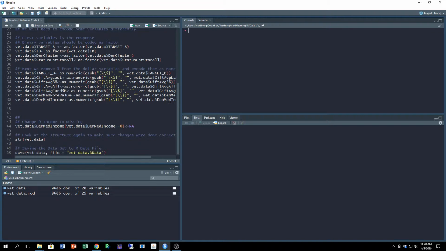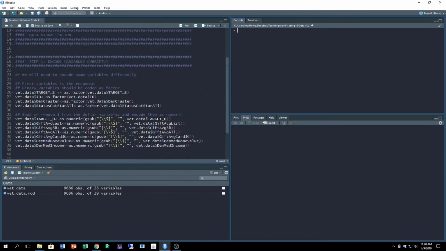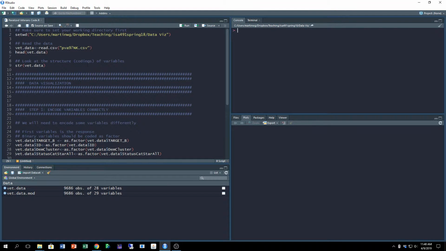So to get you back up to speed, this dataset we have worked on in the past is called the Paralyzed Veterans data, and it's PVA 97 NK CSV.